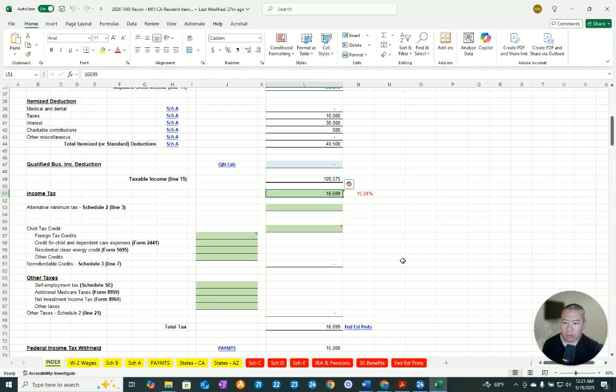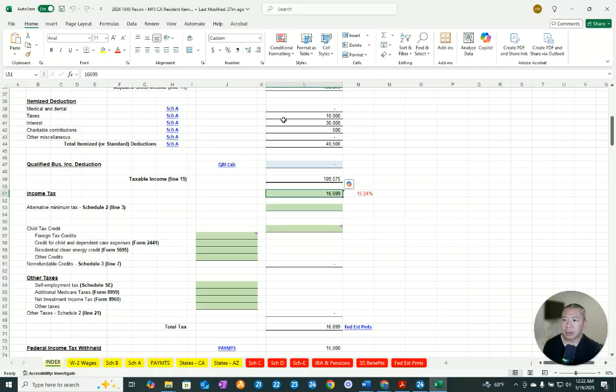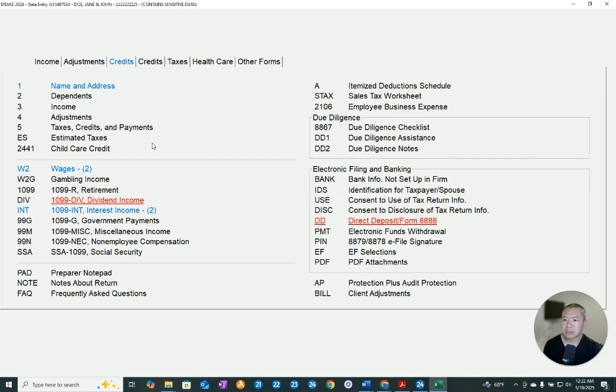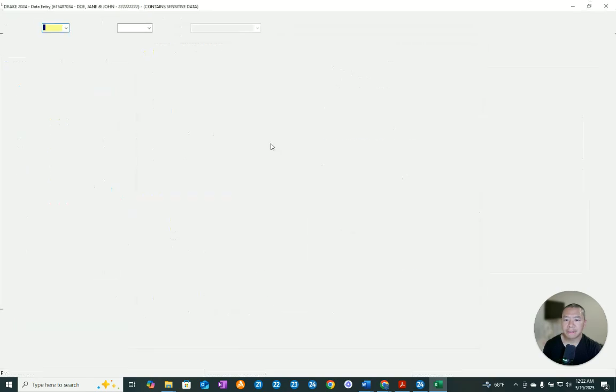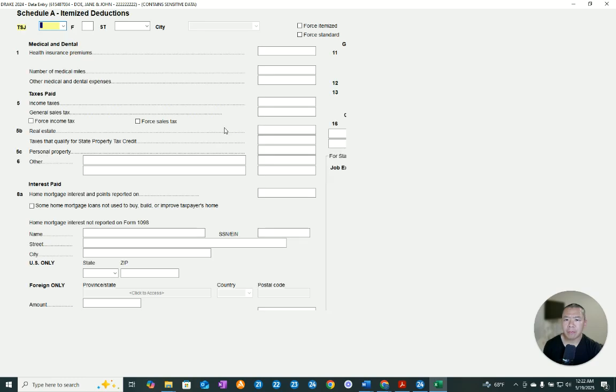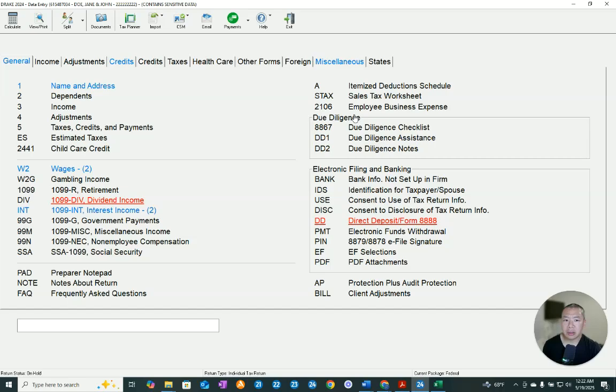After this, we're going to go into the tax software and input this stuff in. Itemized deductions. So we're going to input the actual 1098.